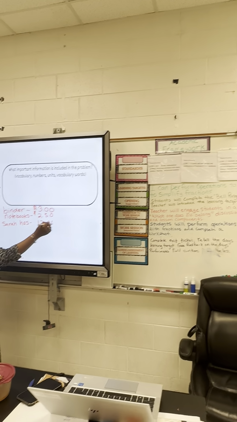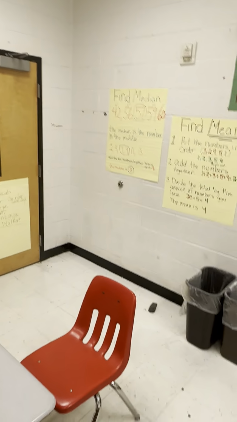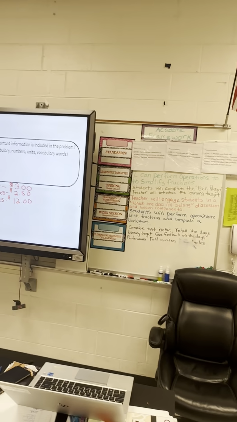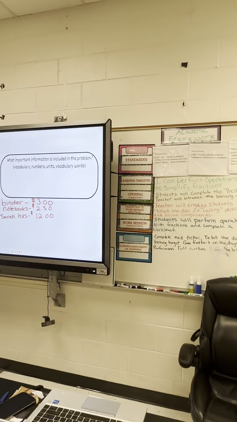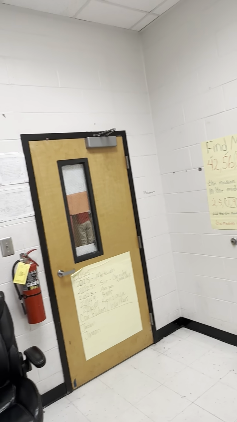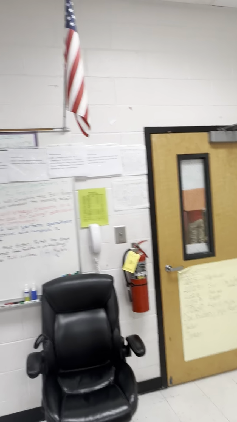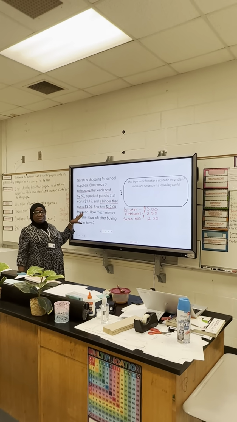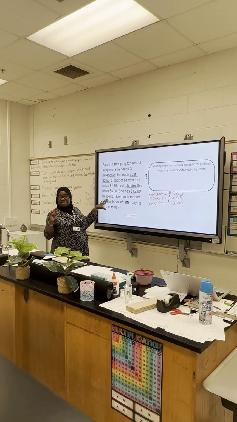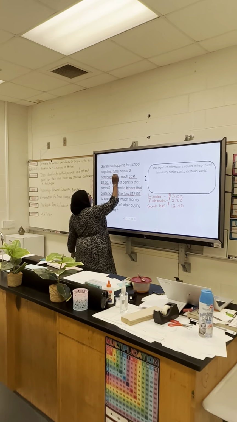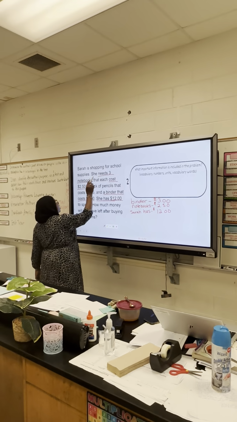Any other quantities, Riley? She needs 3 notebooks. We have notebooks, we have the binders, we have that Sarah has $12. Anything that you see that's not underlined yet? She needs 3, right? 3 notebooks, okay?